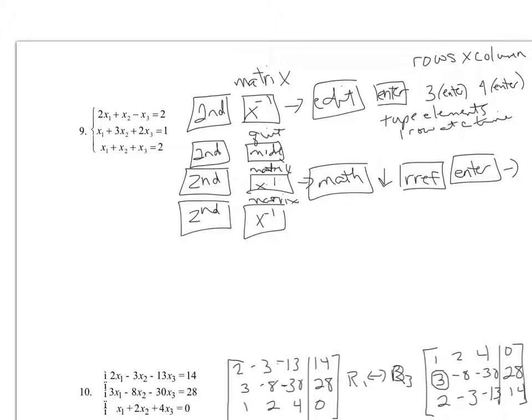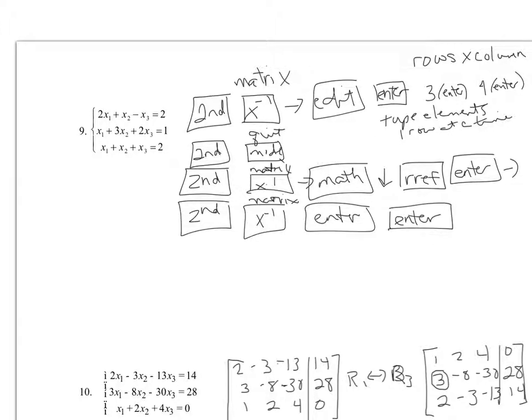But this time, all you have to do is hit enter, because you're just telling it the name of the matrix you want. And if you put this in matrix A, once you hit second matrix, it's already highlighted A. After you hit enter, you would hit enter again, and what you will see is a solution matrix.